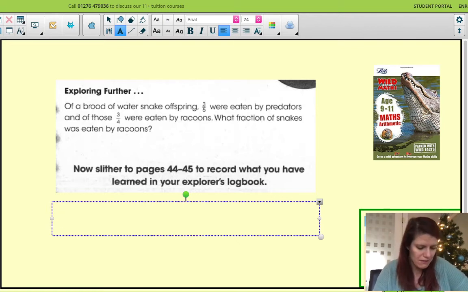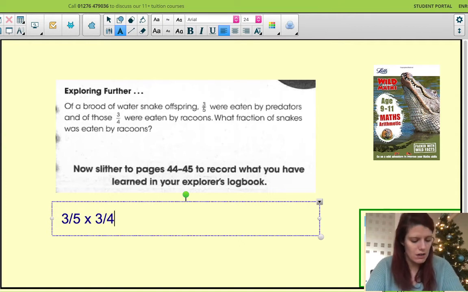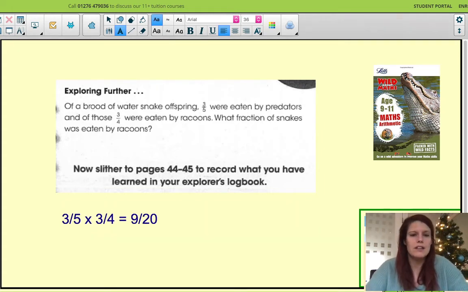Of those 3/5, 3/4 were eaten by raccoons. So what we have to do is 3/5 times 3/4, and that will give us our answer. 3 times 3 is, of course, 9, and 5 times 4 is 20. So 9/20ths were eaten by raccoons. Poor snakes.